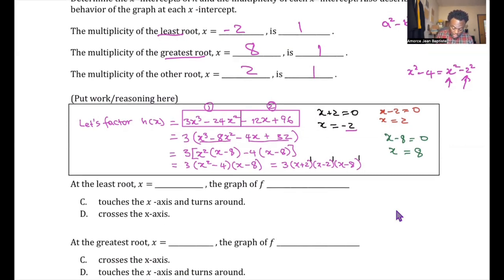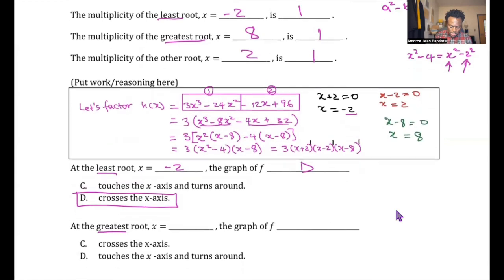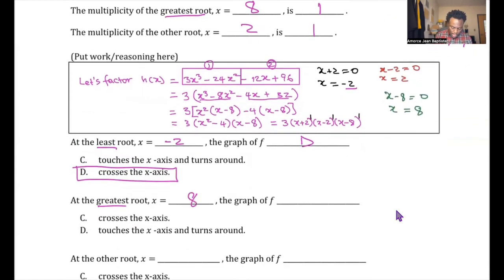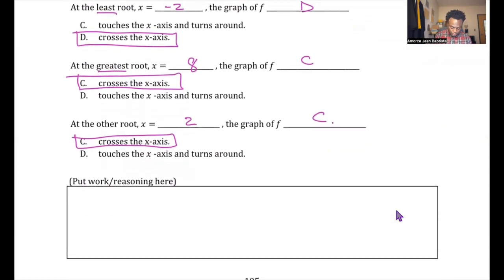So at x equals -2, which is the least, we expect the graph to cross the x-axis. At the greatest one, x equals 8, we also expect the graph to cross the x-axis. And at the other one, which is +2, we also expect the graph to cross the x-axis.